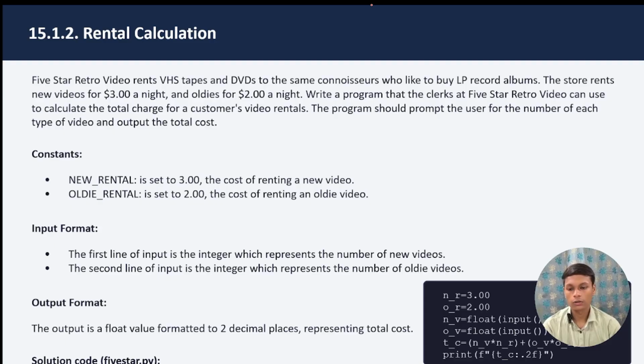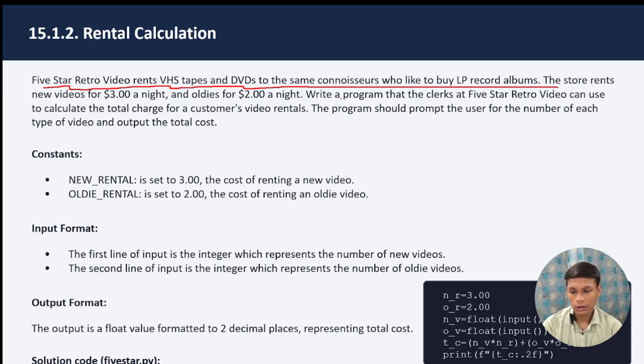Now moving on to our next question, which is rent calculation. So what is the formula? There is no formula, which means you have to do some logic building here. You have to make your own formula. Let's read the question first. 5-star Rento videos rent VHS tapes and DVDs to the same connoisseurs who like to buy LP recorded albums.